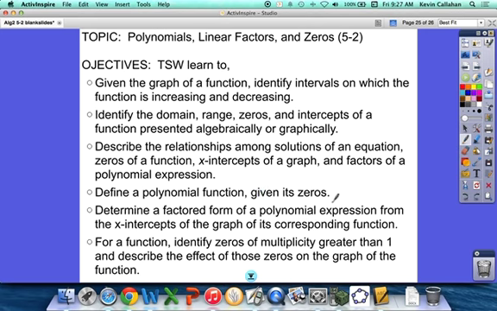We did it the 2 ways. I showed you how to do it in the calculator, or we used the Venn method. Determine a factored form of a polynomial expression from the x-intercepts of the graph. And the last one, identify zeros of multiplicity greater than 1 and describe the effect of those zeros on the graph. That's pretty close to what we did there.